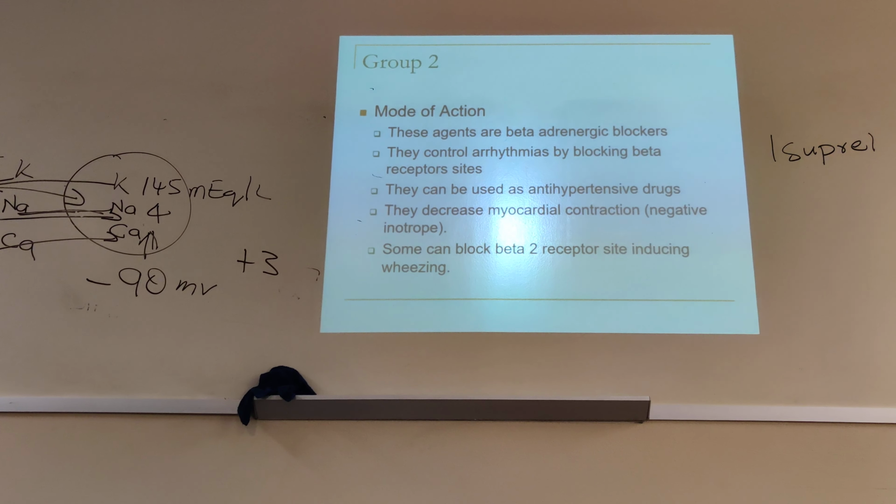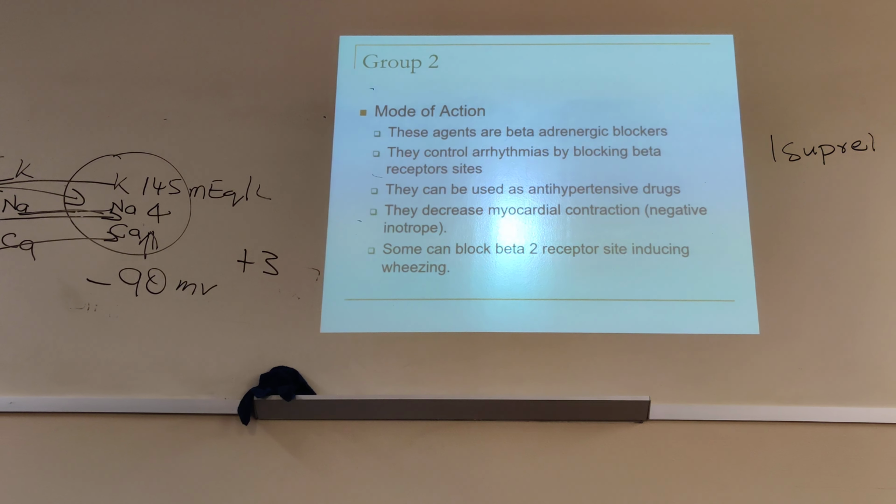Unfortunately, when you give a beta blocker, not only are you blocking the beta-1 receptor side, you are also blocking the beta-2 receptor side. Remember, the beta-2 causes bronchodilation and vasodilation. Now, when we block it, we're going to get a bronchoconstriction and vasoconstriction.